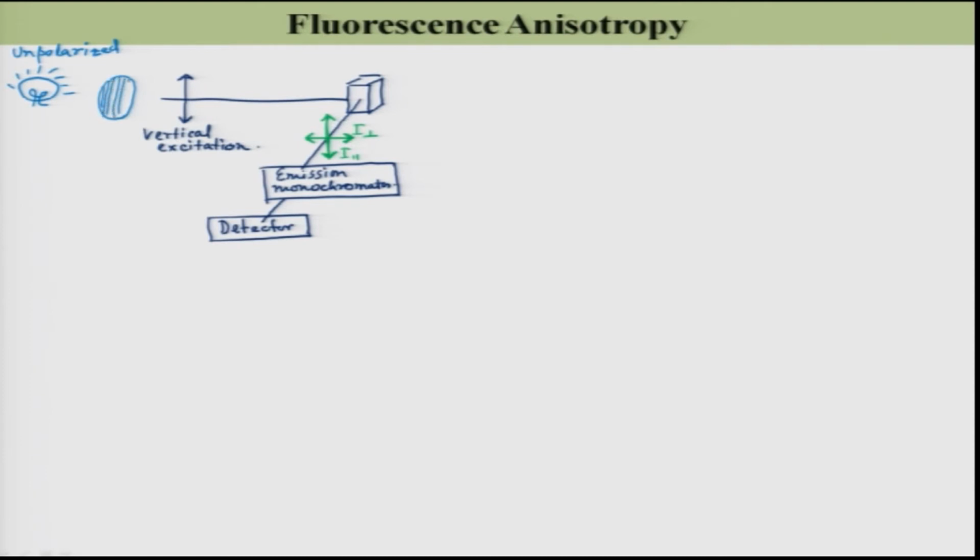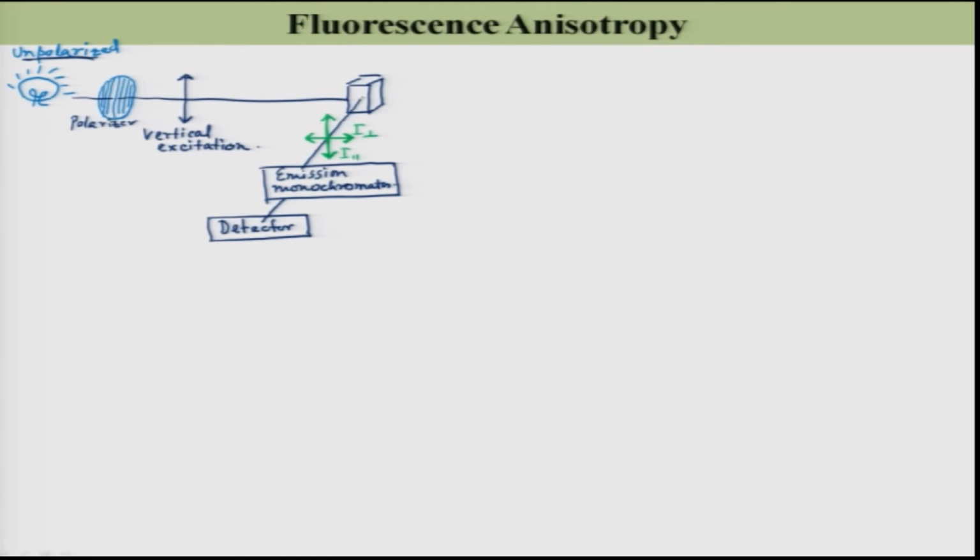I will not tell you the details of how it works, I will just show you the use of it. So, this is my polarizer. To make this vertical excitation light from this unpolarized light source, you use this polarizer.